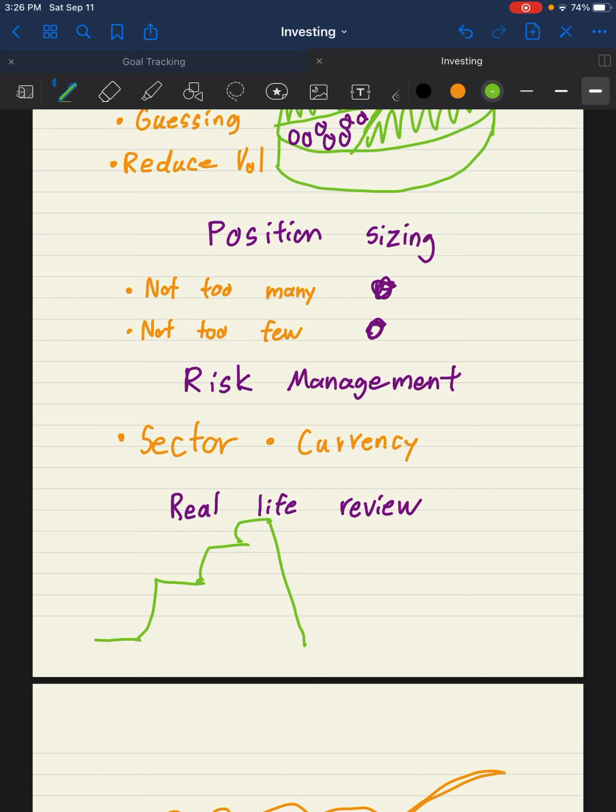In another example, say you had 10 positions, right? And somehow you picked a dud and one position went to zero. They somehow went bankrupt. You lost 10% of your capital, which is obviously not ideal, but it is certainly recoverable, right?